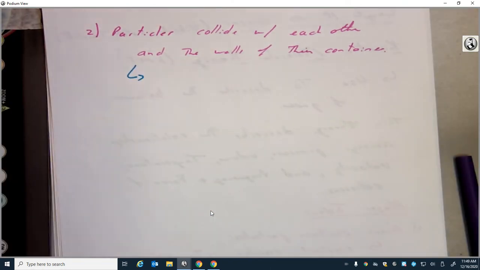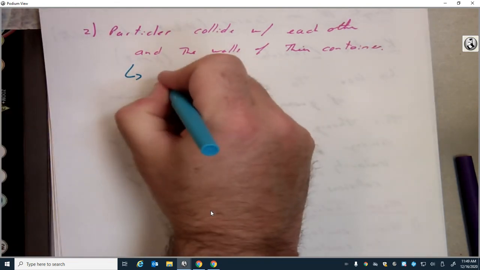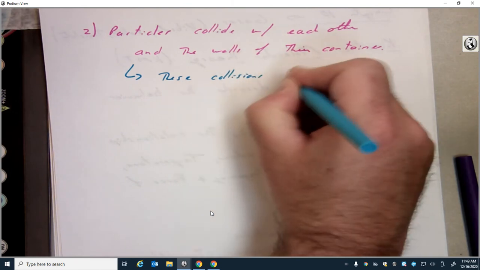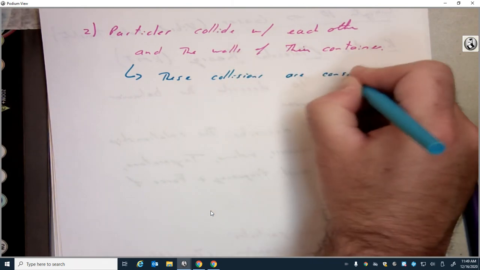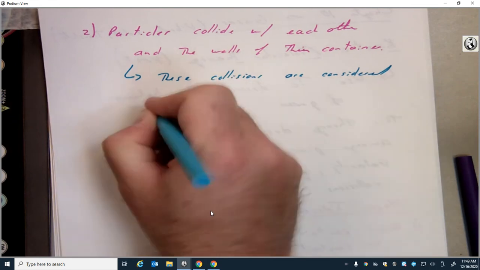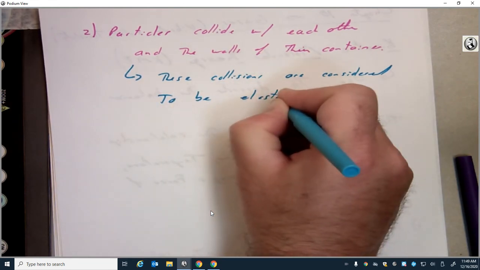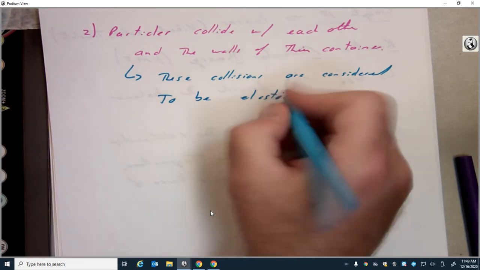And in the KMT, these collisions are considered to be elastic.